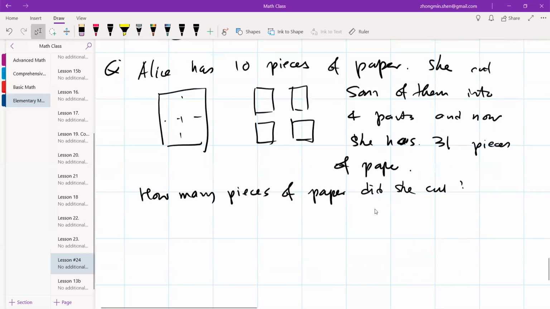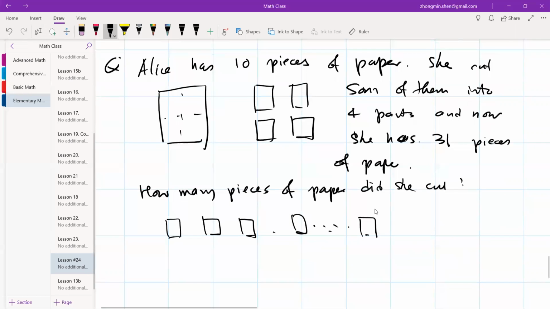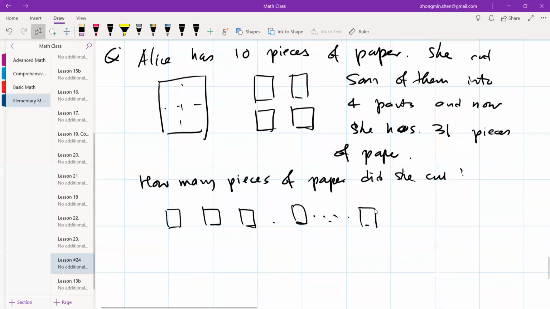All right, so the idea is, first of all, you have 10 pieces, right? Now each piece that she cuts turns into 4 pieces.